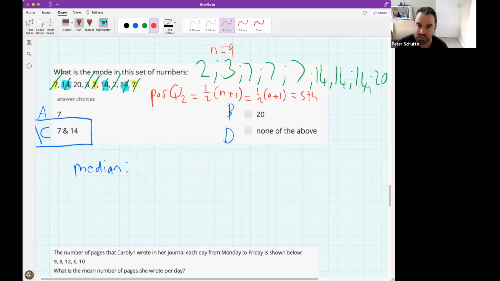And so I count 1, 2, 3, 4, 5, and it looks to me that the median has a value of 7. Give me a thumbs up if you followed how I did the position calculation, and that what you see with the median is there's always going to be an equal amount above and an equal amount below. And that's what this calculation helps you do.